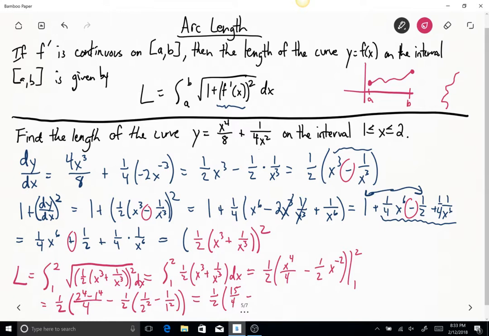Minus, so notice this is 1/2 times, this will be 1/4 minus 1. So that should be negative 3/4. So negative and negative should make a positive, and so we'll have 1/2 times, this will be 30 over 8 plus another 3 over 8, and so that should make 33 over 16 as our final answer.